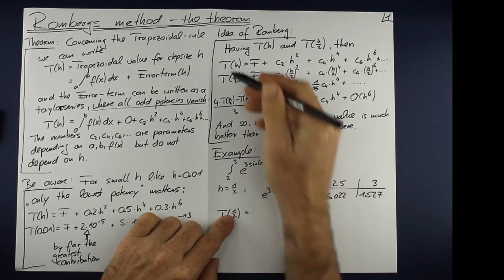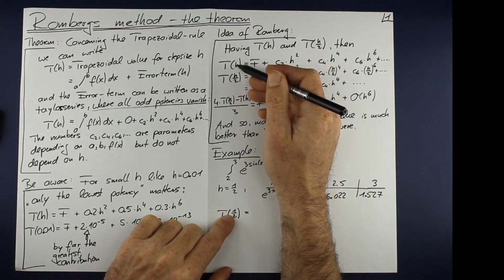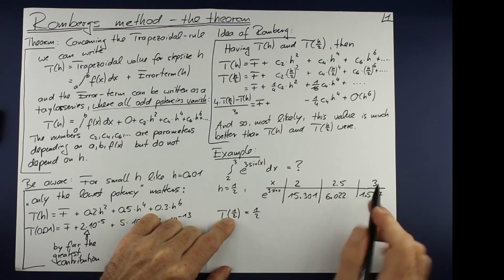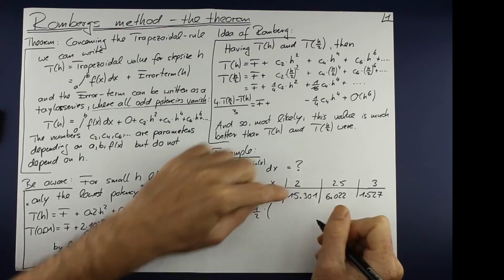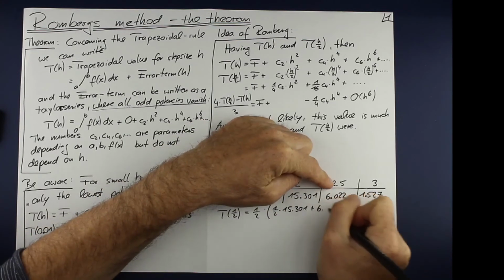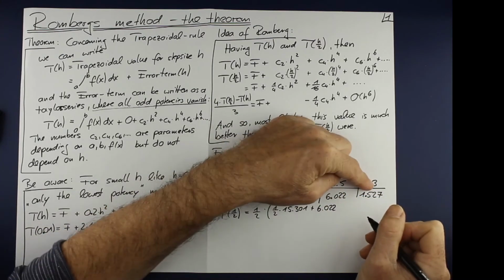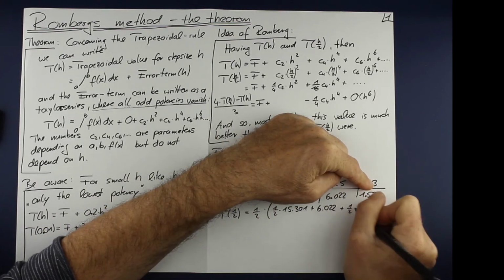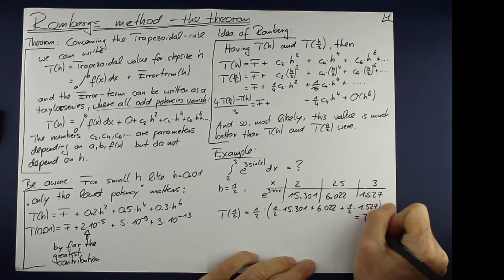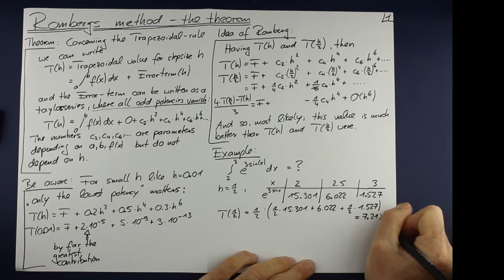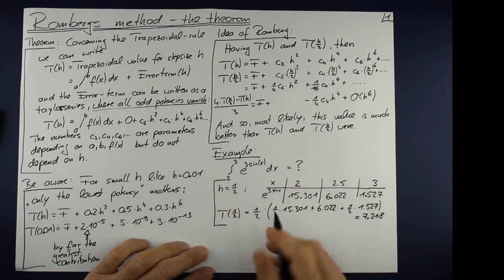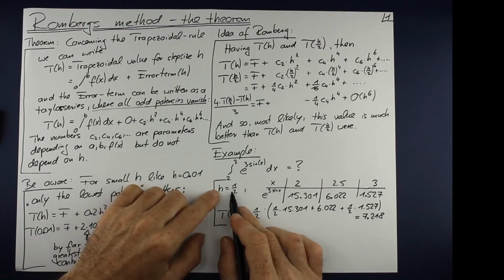The initial h is a half, and so we get this difference here, a half times, and then a half times the first value plus this value. And then here's the last value, so this one again times a half. Using electronic help, you will get the value 7.218. Okay, this is our trapezoidal value for our initial h.